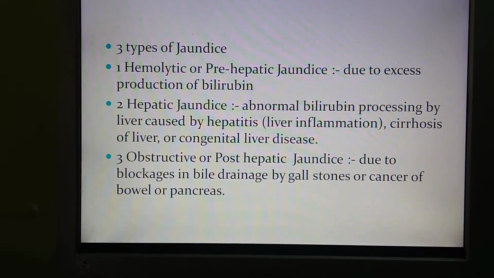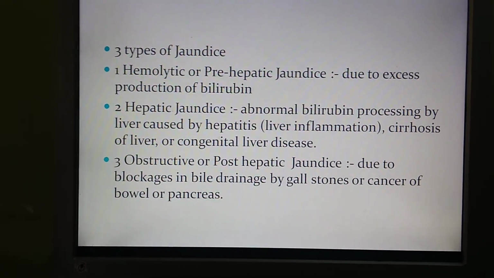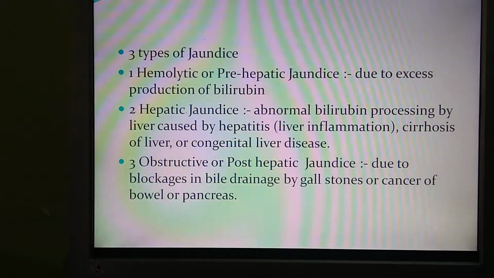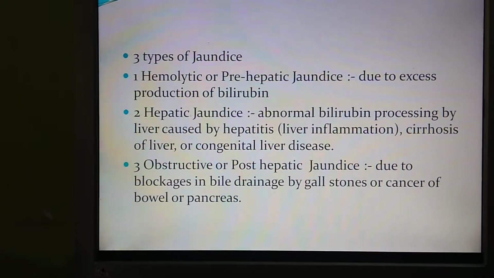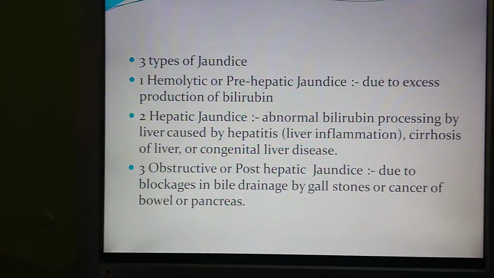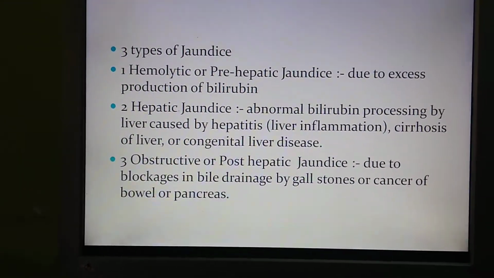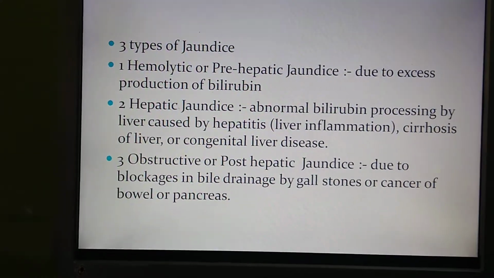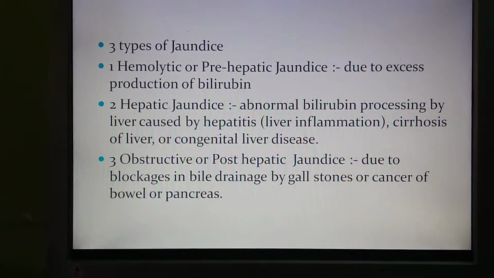If jaundice is due to a cause before blood enters the liver, that is called prehepatic jaundice, in which there is hemolysis of the RBCs before 120 days and more bilirubin is produced. So, hemolytic or prehepatic jaundice is due to excess production of bilirubin.